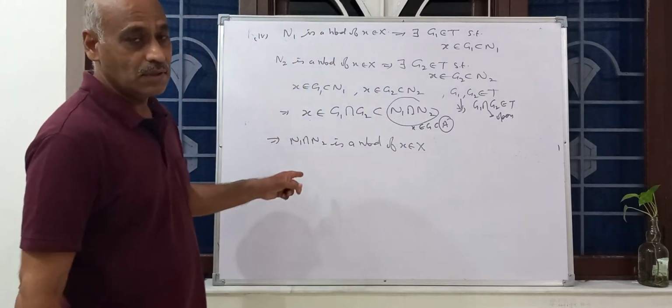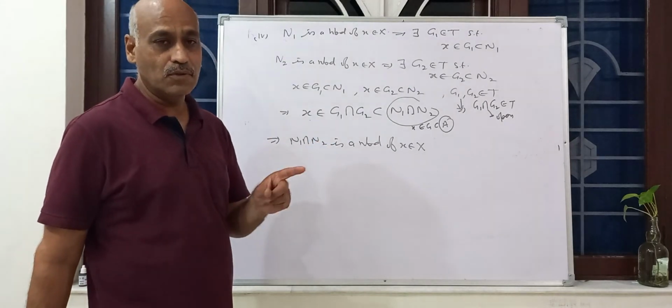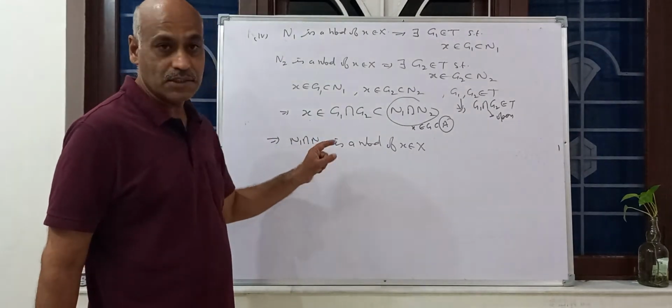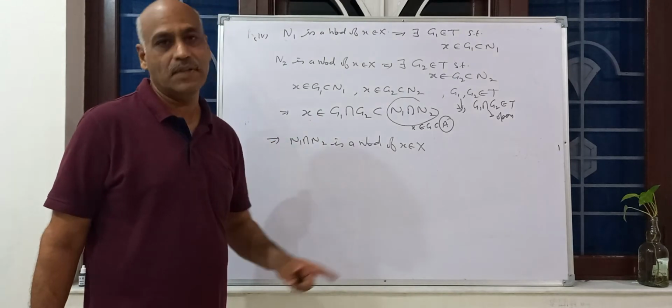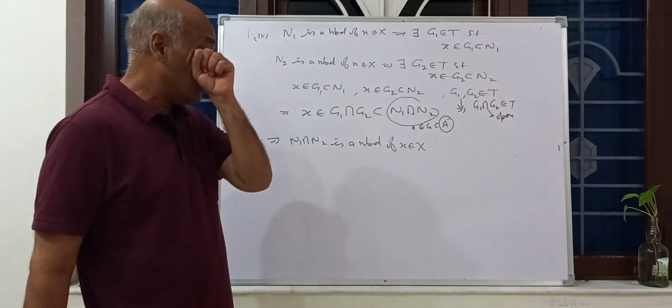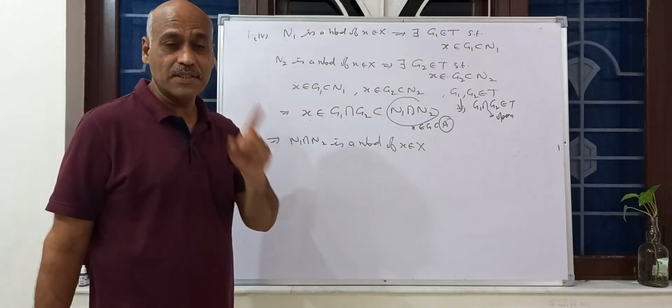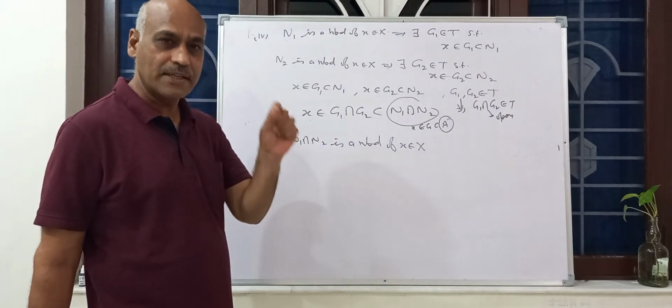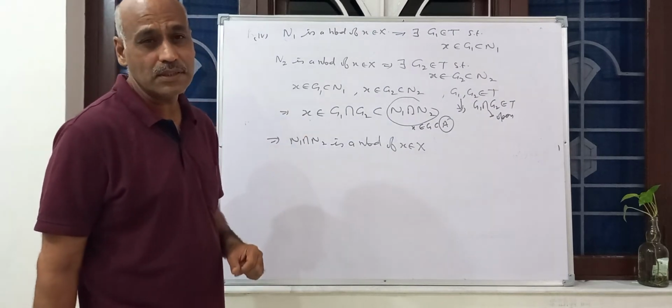So we suppose N1 and N2 are neighborhoods of x, then N1 intersection N2 is also a neighborhood of x. So if x belongs to X, T is a topological space, then there exists at least one neighborhood for x.